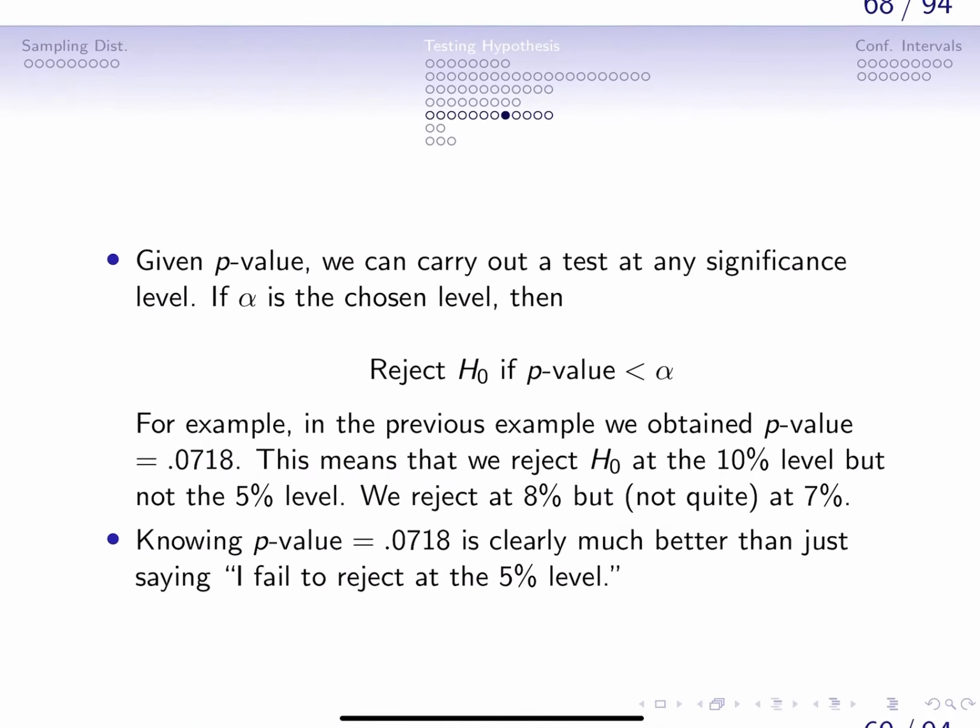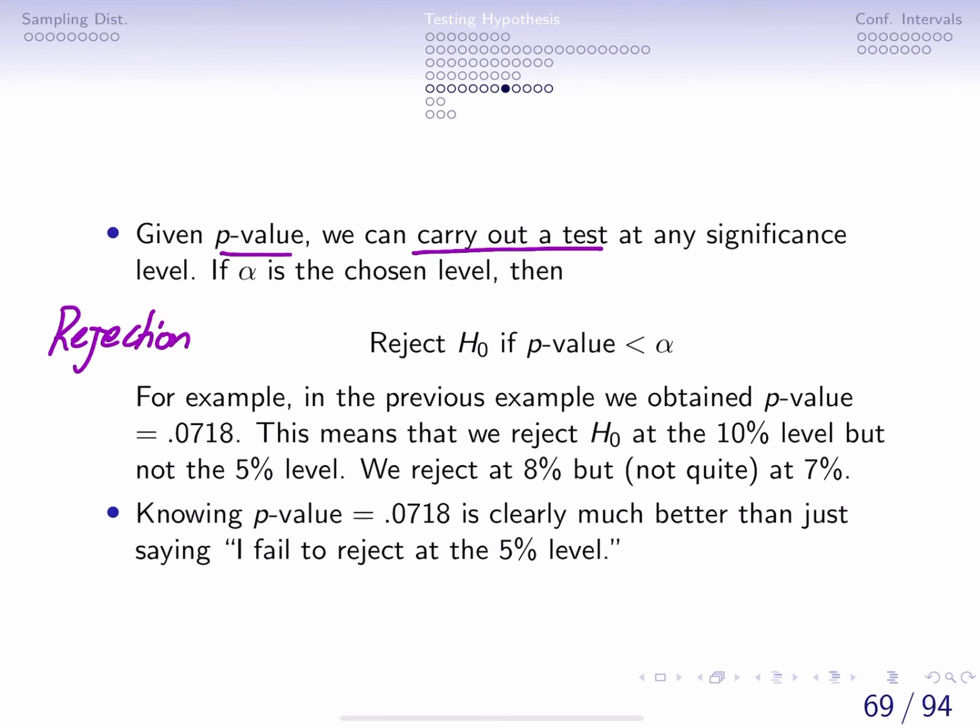So once we know what the p-value is, we can carry out a test. And the rejection rule, this is the rejection rule when you're using p-values. The rejection rule basically says reject the null hypothesis if the p-value is less than alpha. And alpha is the chosen significance level of the test.